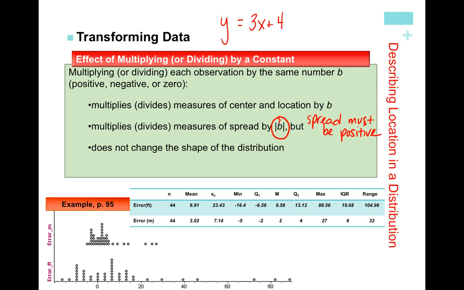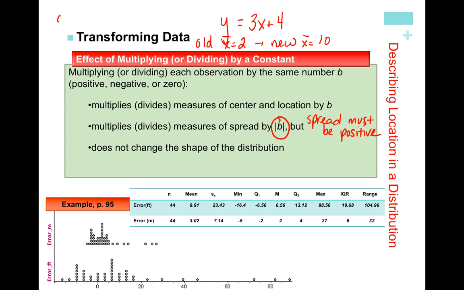If you're transforming the mean, we'll say the old mean was 2, the mean is impacted by both multiplication and addition. So the new mean would be 3 times 2, which is 6, plus 4, which would be 10.